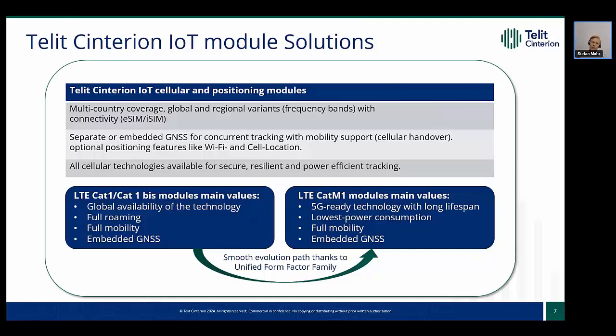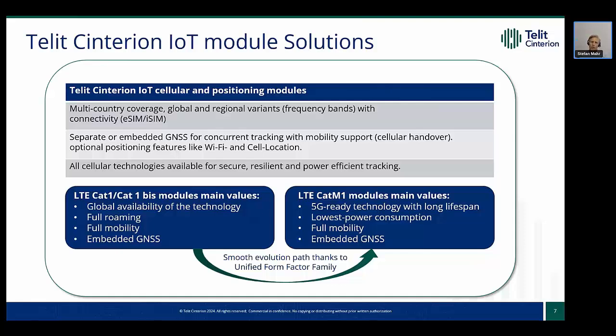For secure, resilient, and power-efficient connectivity, you choose the best fitting cellular technology available in your region. It's important to understand the differences between these technologies and standards. So you see values of cellular standards LTE Cat1, Cat1 bis, and Cat-M on the lower part of the slide, as they are widely used by asset trackers.